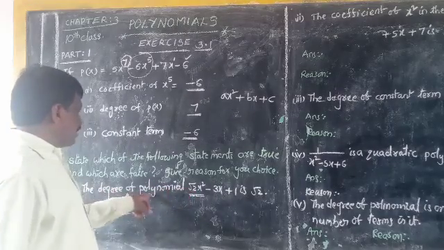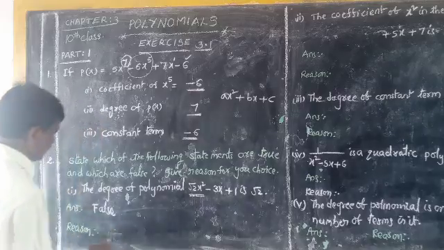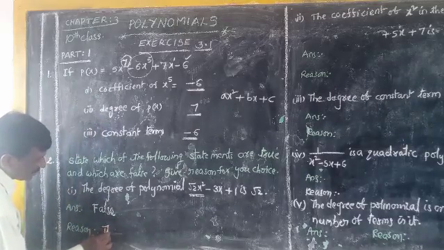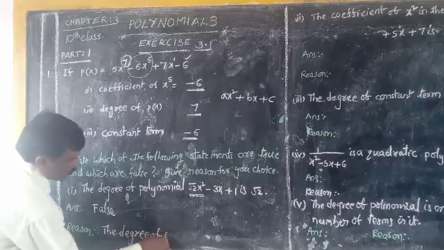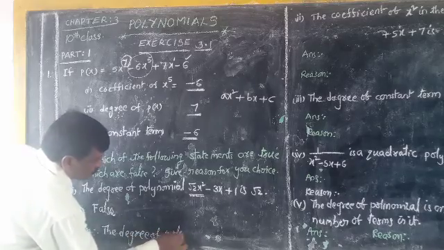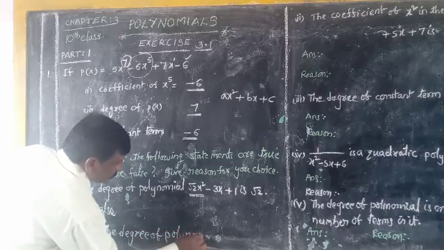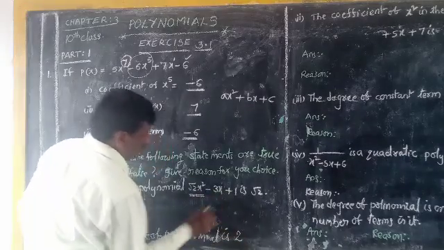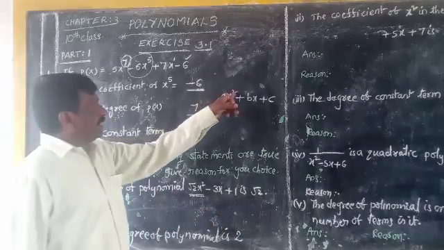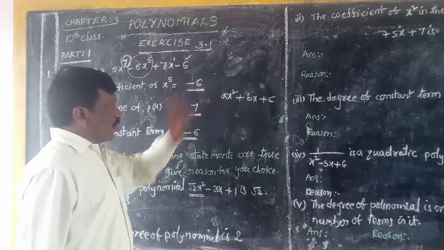Reason: the degree of the polynomial is 2. This is the degree, and this is the coefficient.